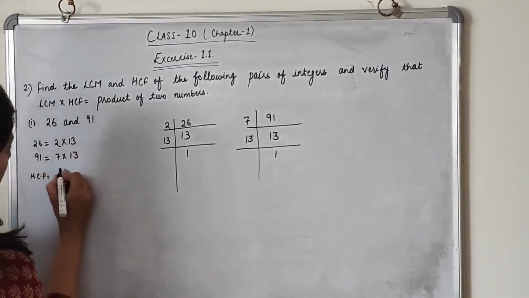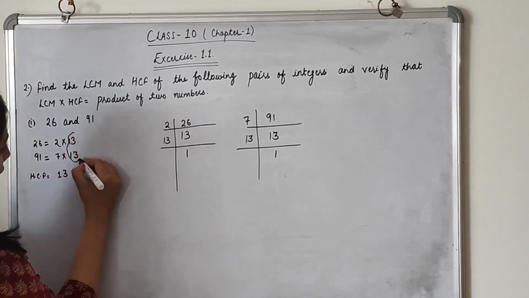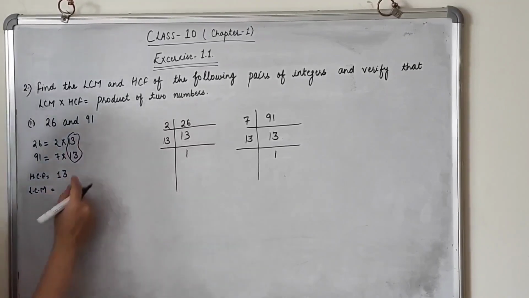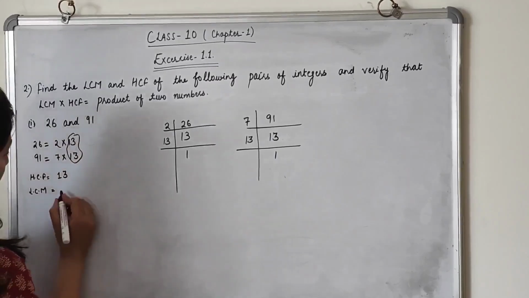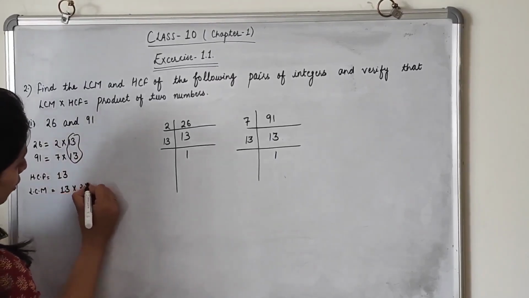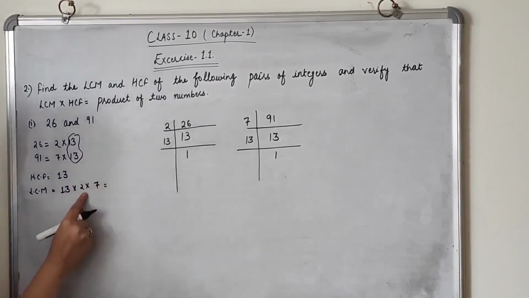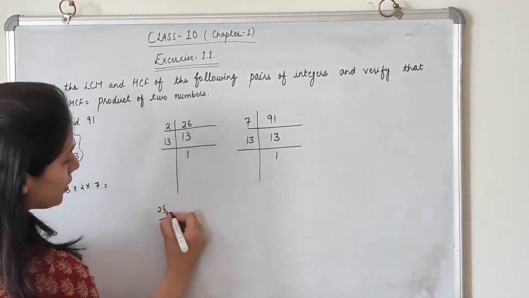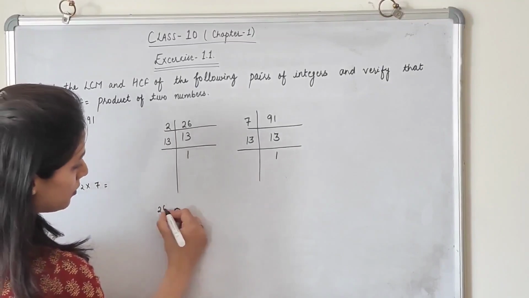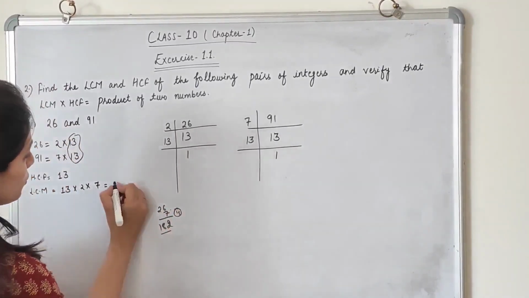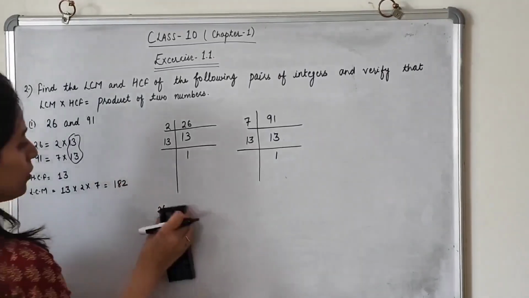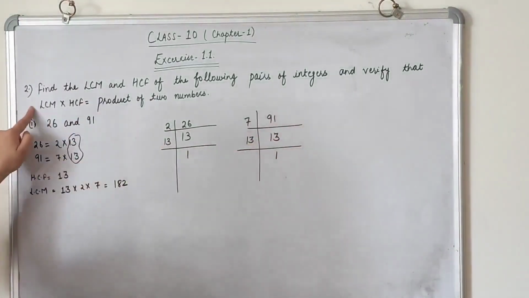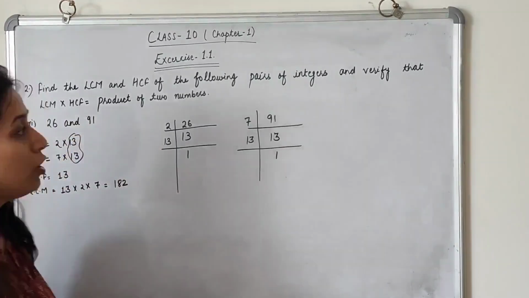HCF is 13 because we are taking common, and LCM is the maximum we take from these two numbers, 13 cross 2 cross 7, which is 13 into 2, 26. 26 into 7 is 182. Gives 182. Fine.